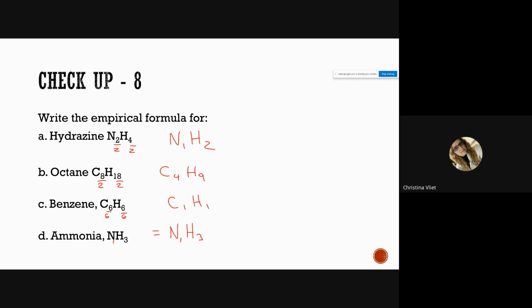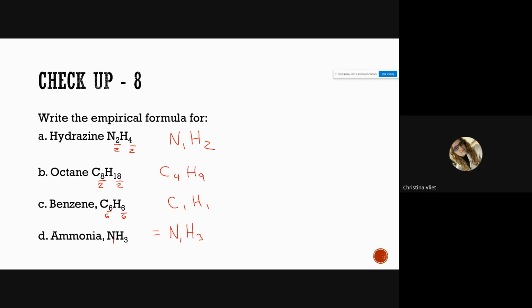All right, that's what an empirical formula is. It's just the simplest ratio between the atoms in a molecule. When you are asked to predict empirical formulas, you will likely be asked to predict this for covalent compounds, and more often organic compounds, and not ionic compounds.